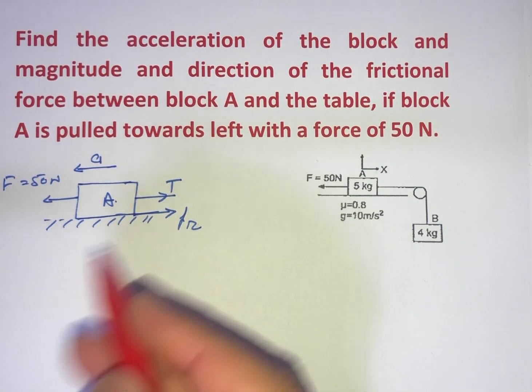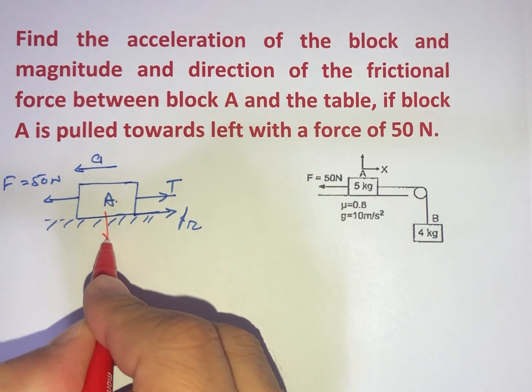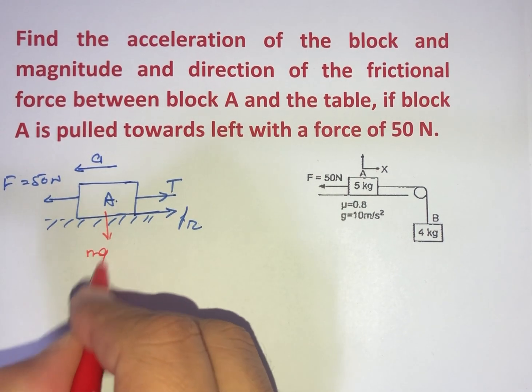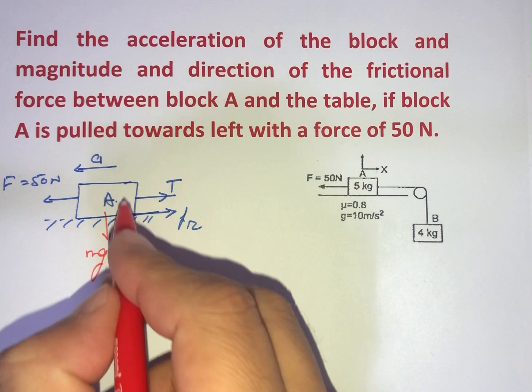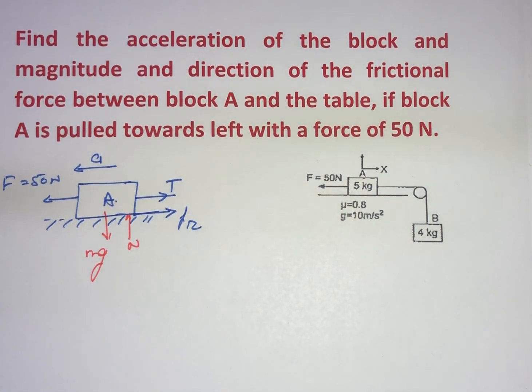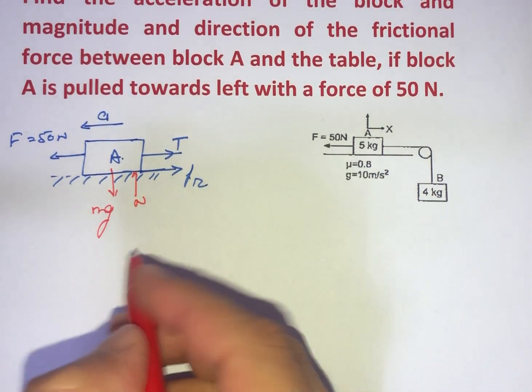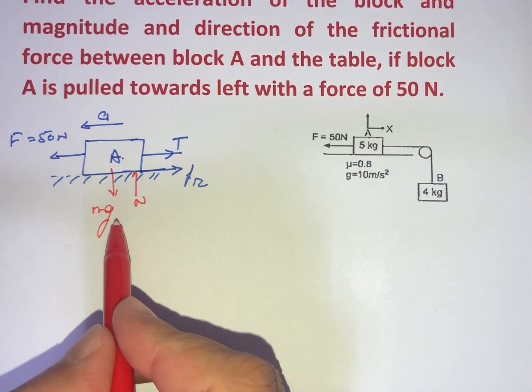So for the block A, the other forces which will be acting, there will be mg in the downward direction and there will be normal, let us suppose N, in the upward direction. So you can find out the value of the normal will be equal to mg.